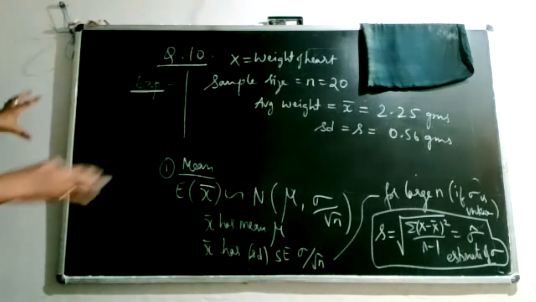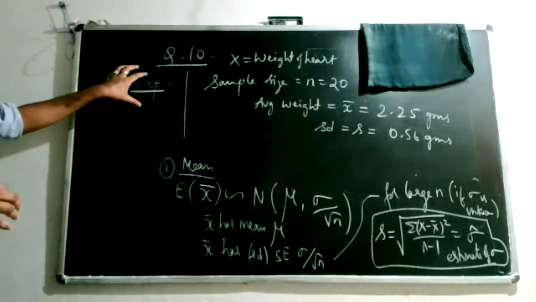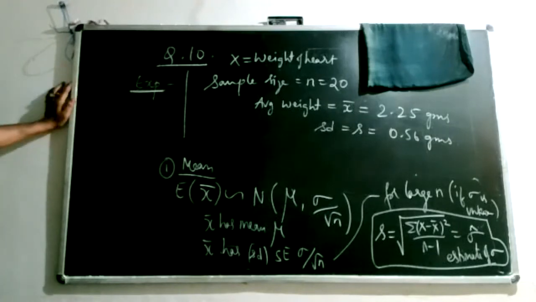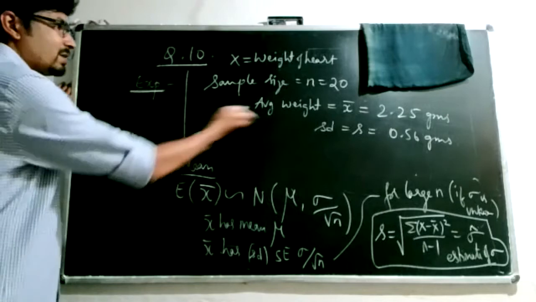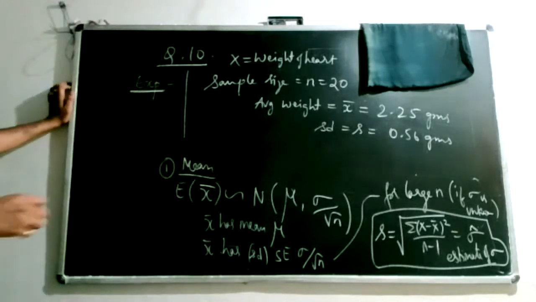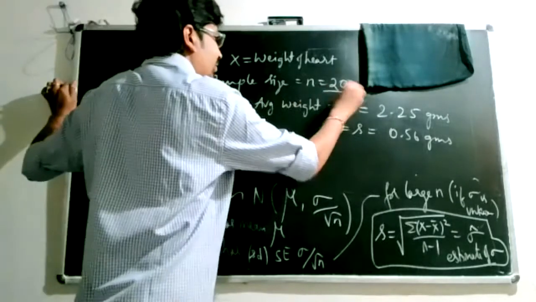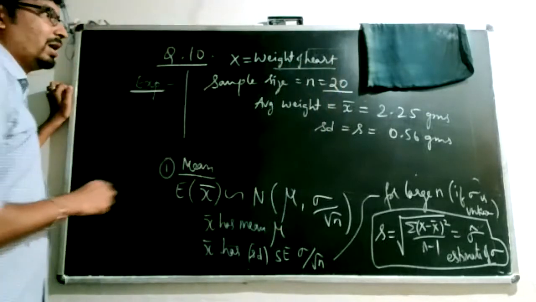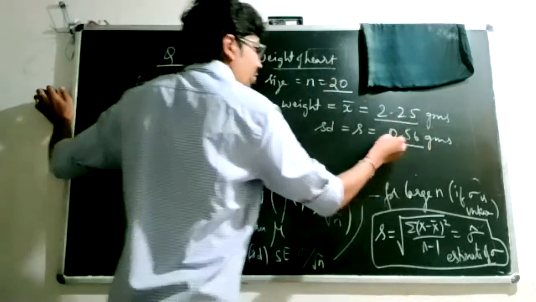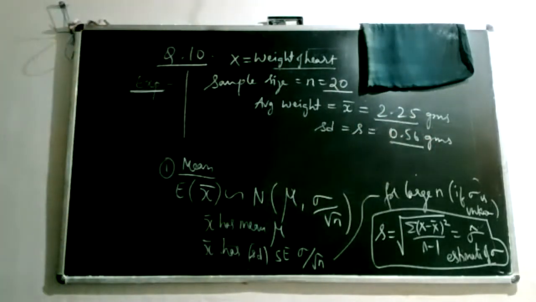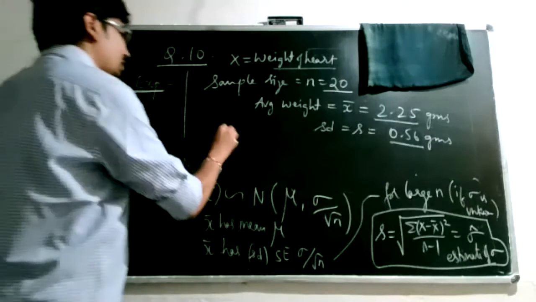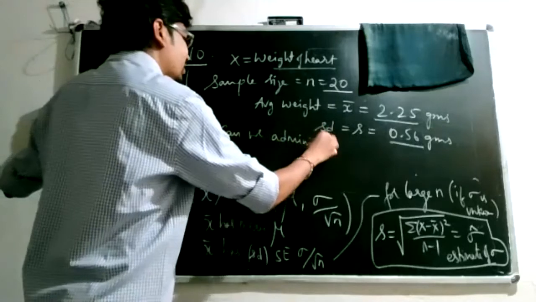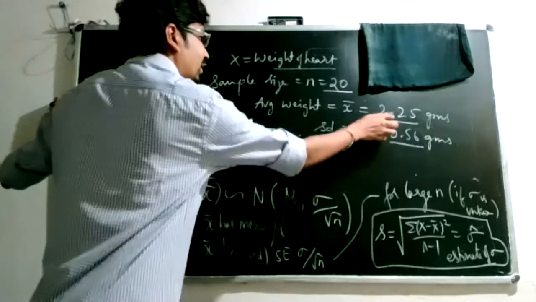I have a lot of rats in the experimental group, but I cannot select every rat to obtain the average, because that leaves no rats for the experimentation. So we have just selected 20 random rats, their hearts are extracted and their weights are measured, and for these 20 cases we have obtained the average to be 2.25. Now the question is, can we administer the drug? We cannot take the decision just by looking at the values.